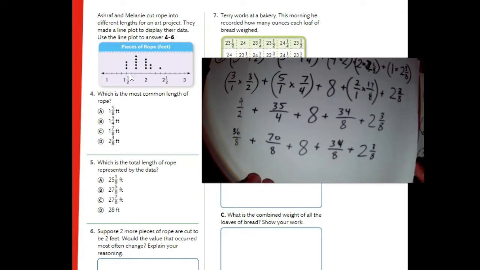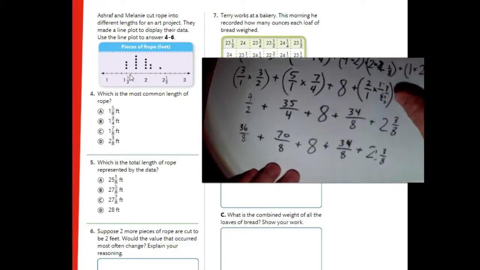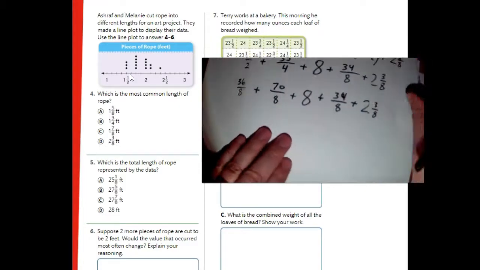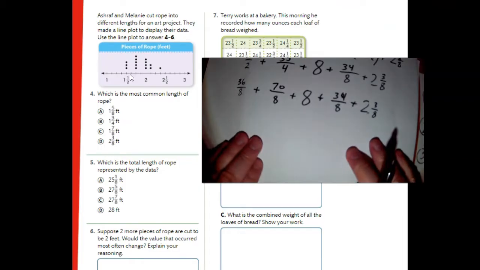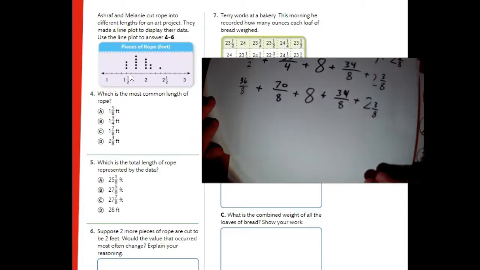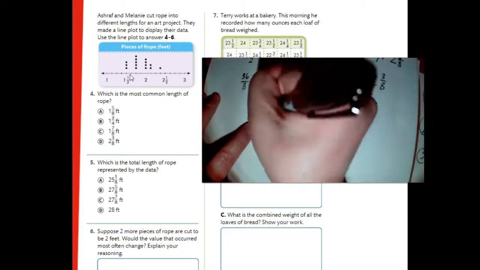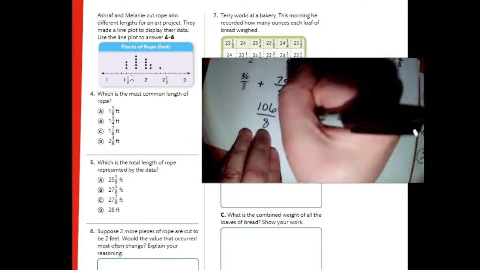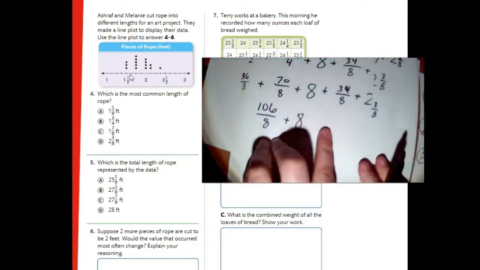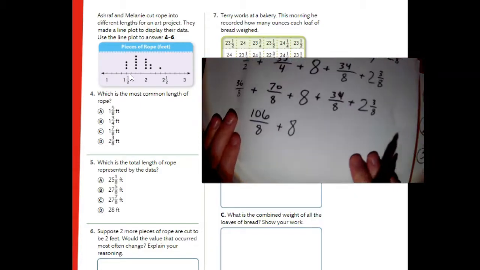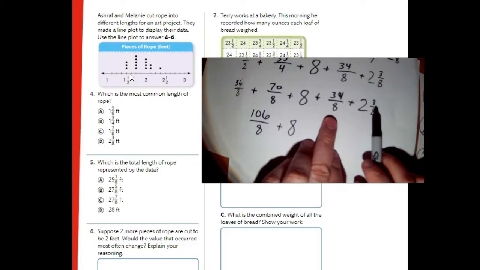Now I've got common denominators. I can give myself more room with my page and combine, right? So I have 36 plus 70. That's going to be 106/8. Over here I have 34 plus 3/8.